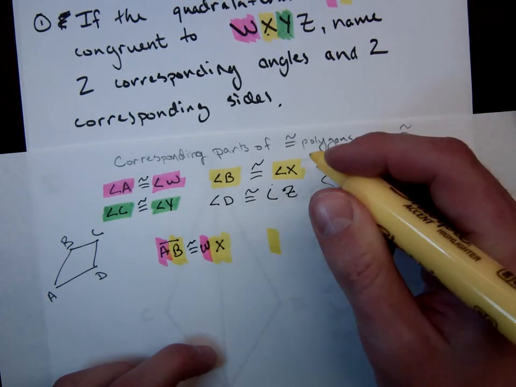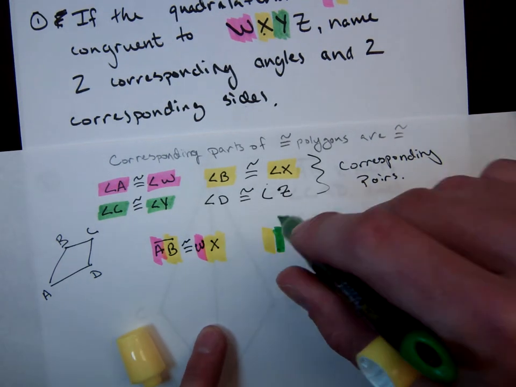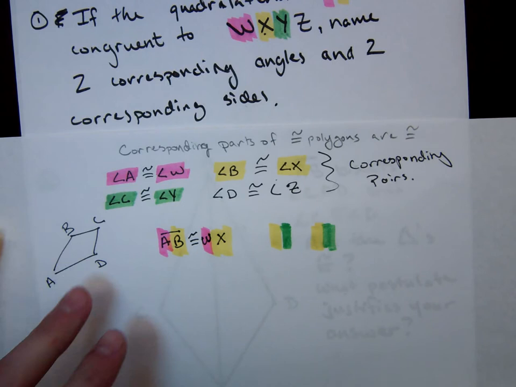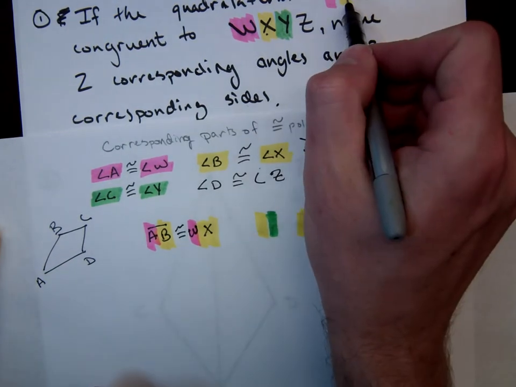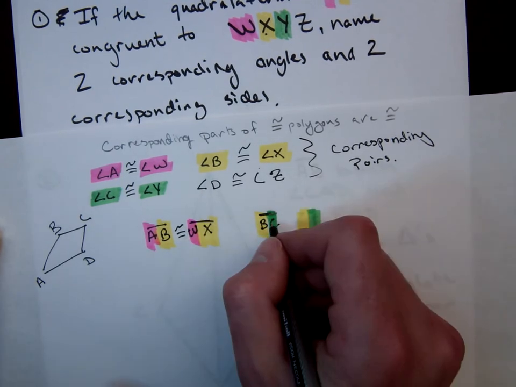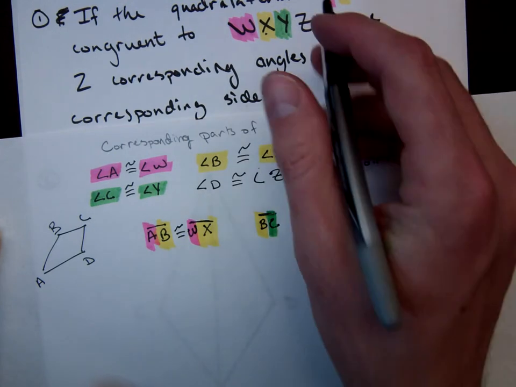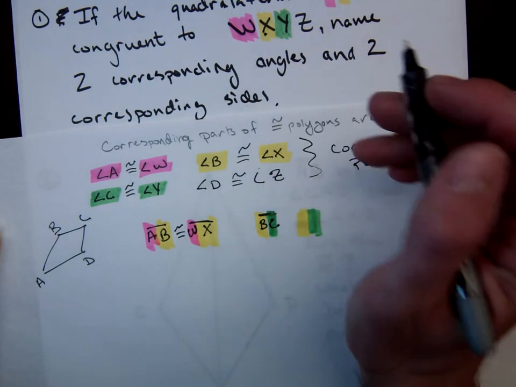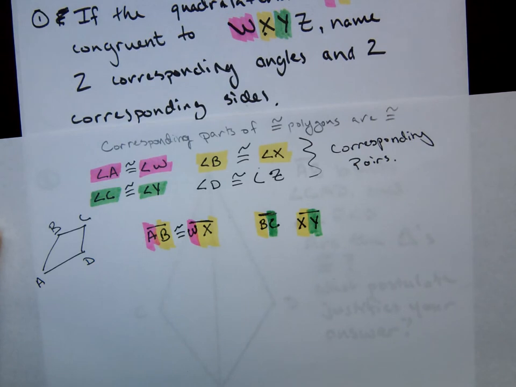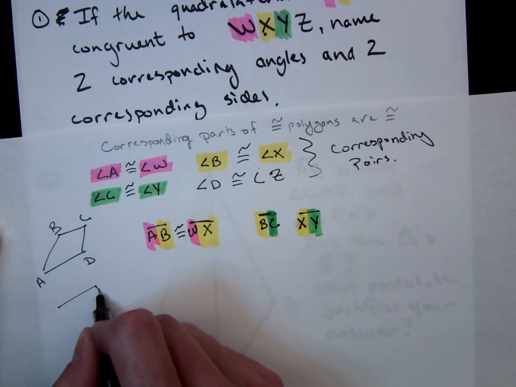And I'll go from yellow to green. If I go from yellow to green in the first polygon, I'm going to go from B to C. Well, I know that that line segment has to be congruent to the line segment that goes from the yellow to the green in the second one, X to Y. Now, if you're still not sure, what I would recommend is drawing two congruent figures.